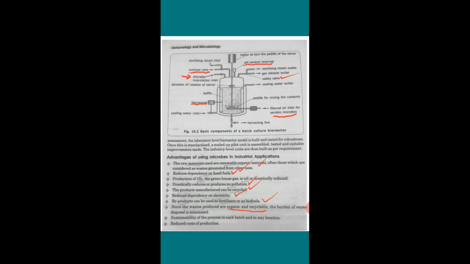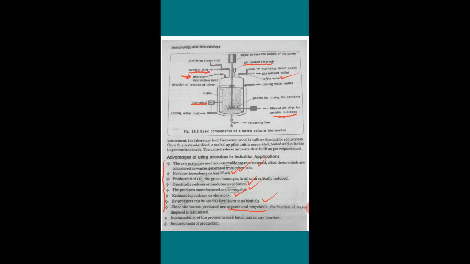Then, sustainability of the process in each batch and in any location. If we combine all these points, we can see that the total usage of bioreactor is sustainable because it doesn't utilize any environmental resources without any reason, and it produces no pollution.